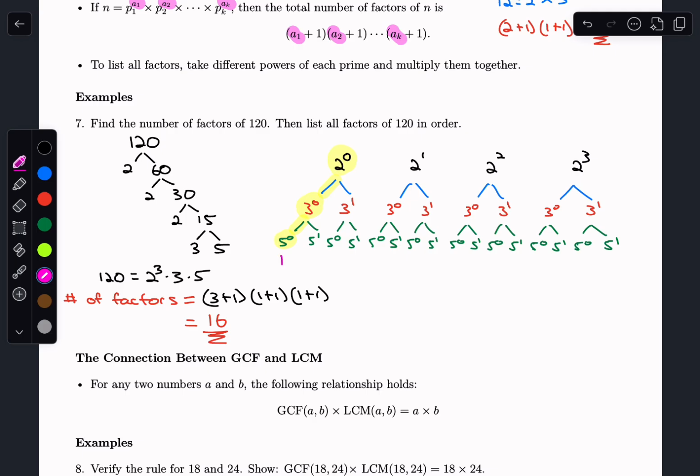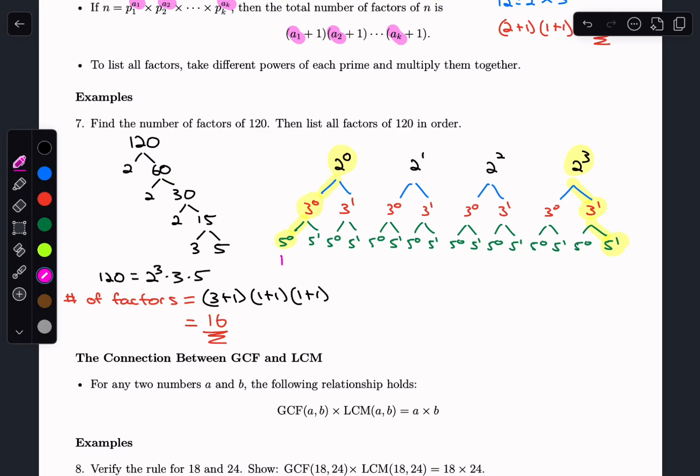Now let's do the far other side so we can see the other extreme. If I multiply all the branches on the right side, I have 2 cubed on top. Then I follow the branch to 3 to the power 1, follow the branch again to 5 to the power 1. This outermost branch system is 2 cubed times 3 times 5. Well, 2 cubed is 8, and 3 to the 1 and 5 to the 1 are just 3 and 5 respectively.